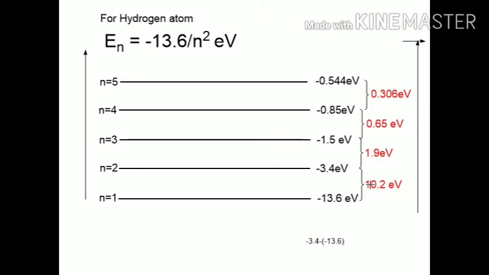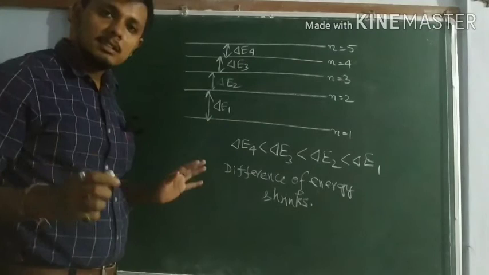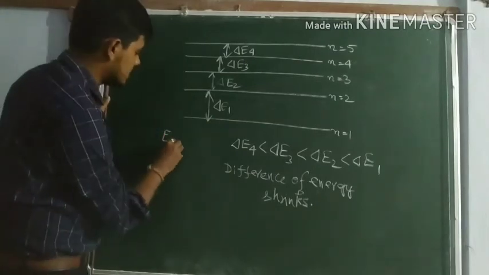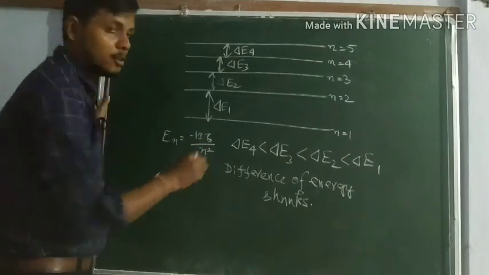So there is a decrease in the difference in the energies of successive energy levels. As we already discussed, the energy of the nth shell is minus 13.6 by n square electron volt.